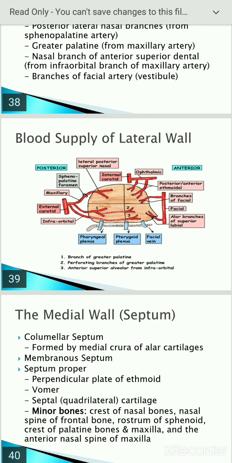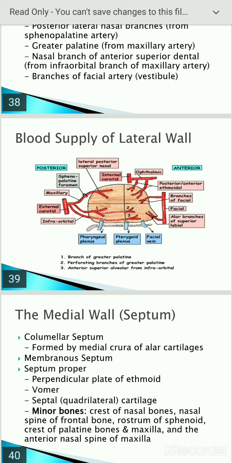Here in this figure, both systems of blood supply are shown, anterior and posterior. Anteriorly, there are branches from the ophthalmic artery, posterior and anterior ethmoidal arteries. Anteriorly, the facial artery gives branches and it also supplies anteriorly.